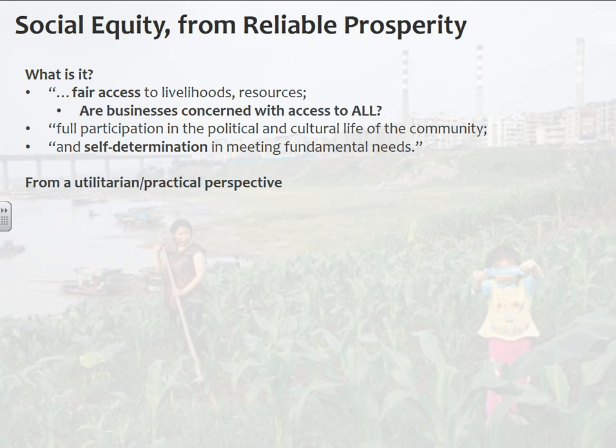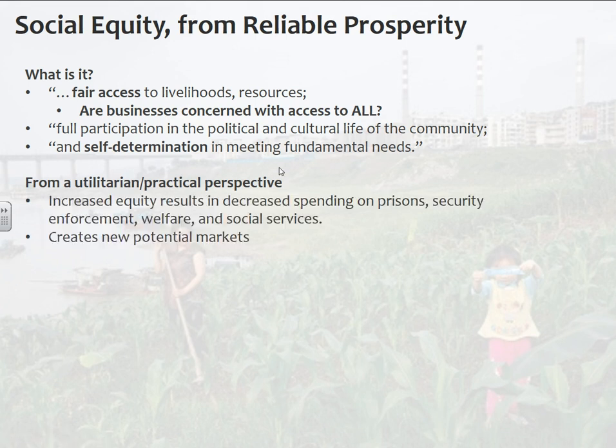Okay, so we can look at this from a justice perspective, but from a practical perspective, as they point out in this article, when you have a more socially equitable society, some other side benefits occur. Think about a socially just society where people have access to education and healthcare and jobs: you're going to spend less on prisons, less on security, less on policing, less on welfare.